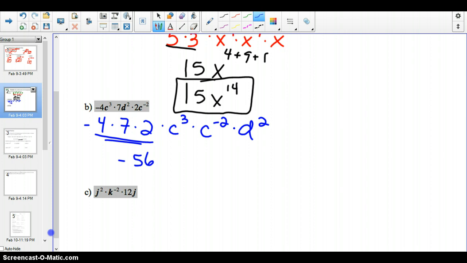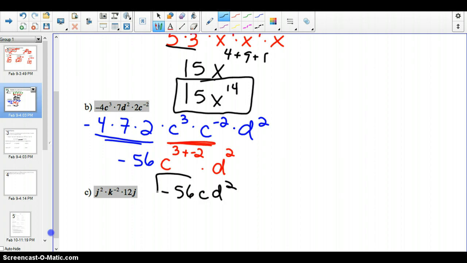Then here I've got two numbers I'm multiplying that have the same base, so I'm going to add their exponents, times c to the 3 plus negative 2, and then I'm going to still multiply by d squared. There's nothing I can do with the d squared. So this will simplify to negative 56 c to the first d squared.